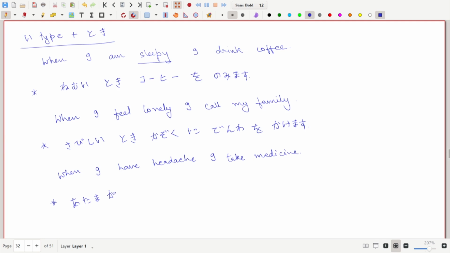Itai is painful. Atama is head. So atama ga itai toki, medicine will be kusuri o nomimasu. Nomimasu means to drink. In Japanese, whenever you take medicine, the phrase is fixed, kusuri o nomimasu. Eating or drinking doesn't matter, it is a phrase.